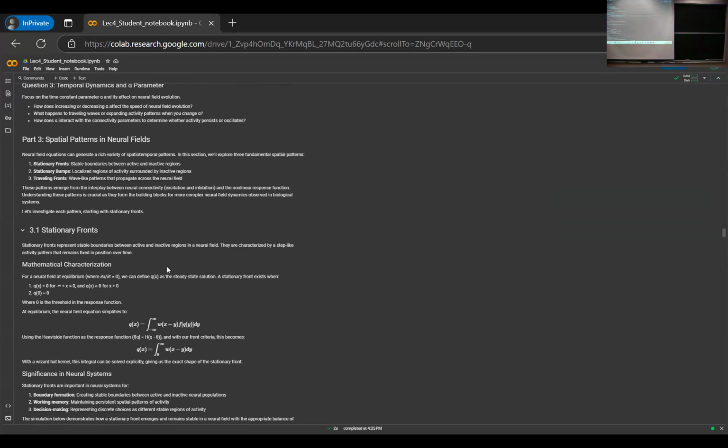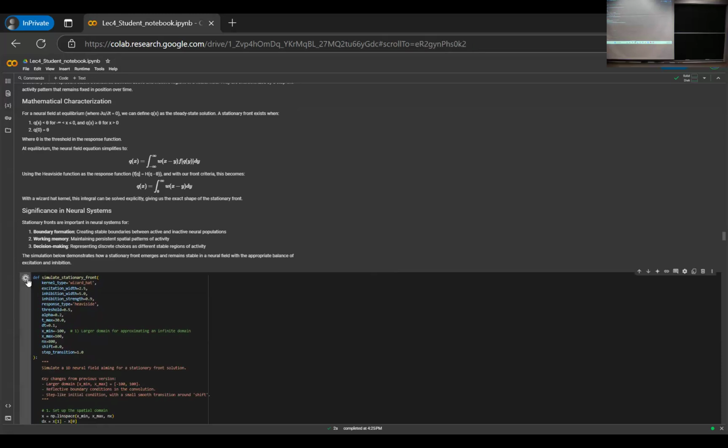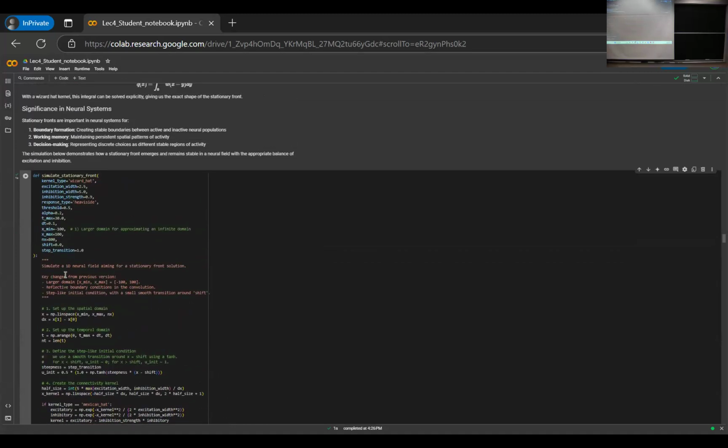Depending on the variables and different existence criteria, we can have different stable structures. One of them is what's called a stationary front. Essentially, it's a stable pattern that doesn't change over time. Part of the field is active and remains active, and part of the field is inactive and remains inactive.